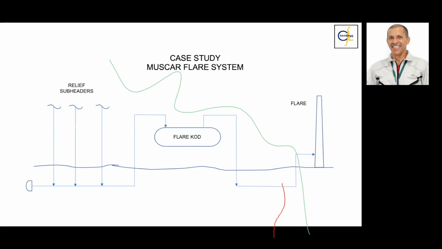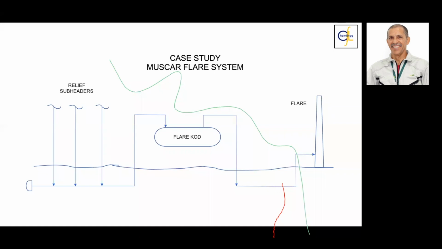And so what we found is that the most probable cause of the explosion is a plug of liquid that has been pushed by a very high flow of gas, and the flare knockout drum couldn't withstand that pressure.